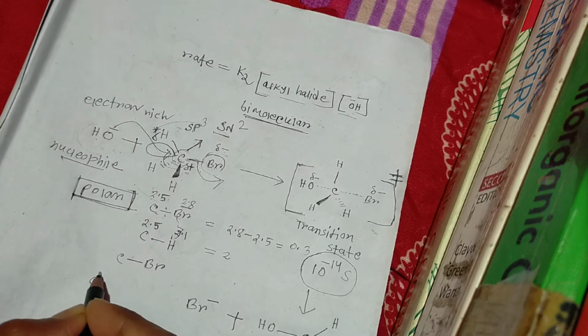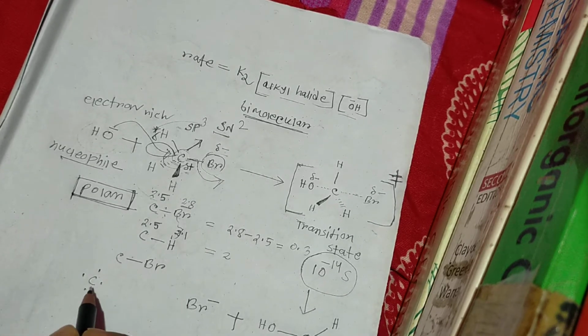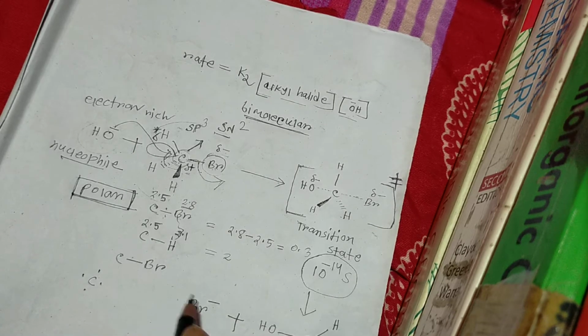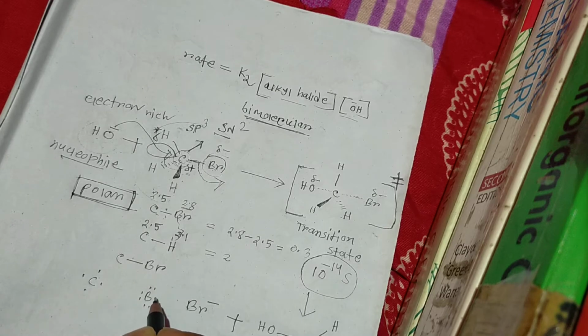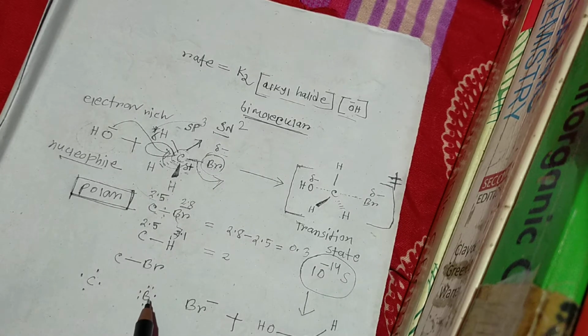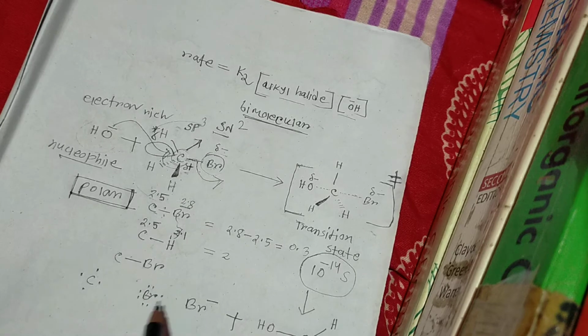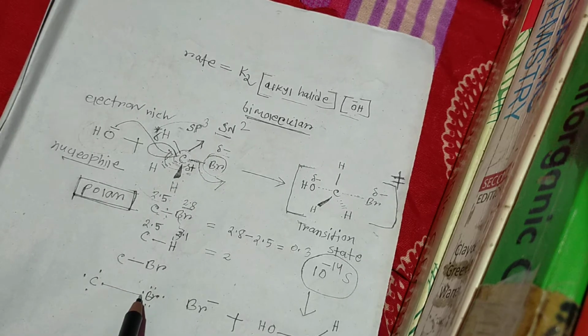Carbon has 4 electrons in the valence shell, and bromine has 7 electrons. To fulfill its octet, obviously bromine needs 1 electron, and that is bonded to the carbon.